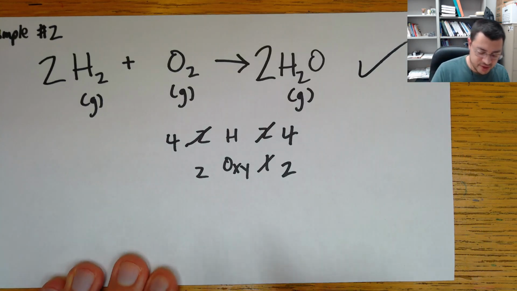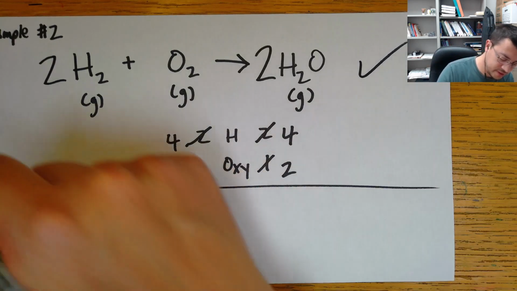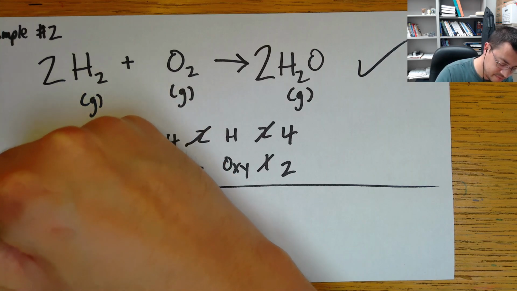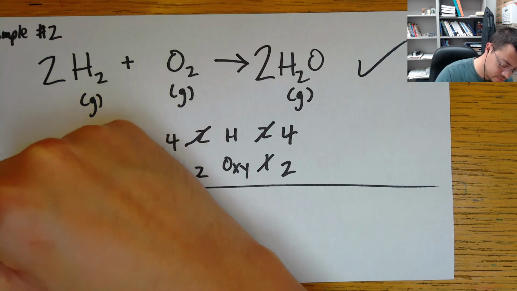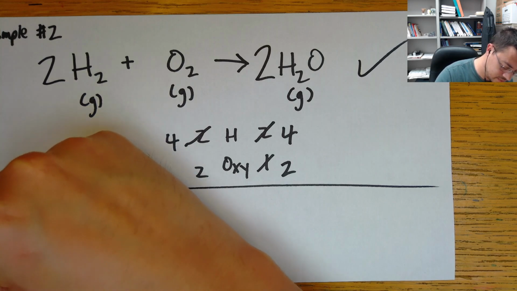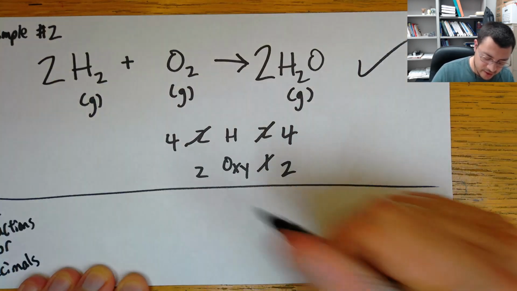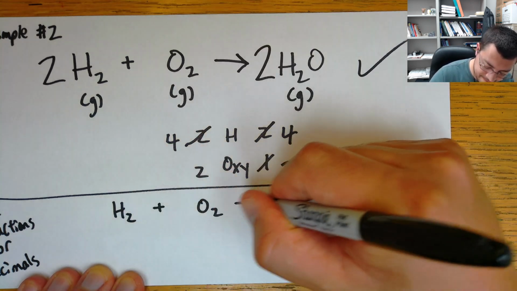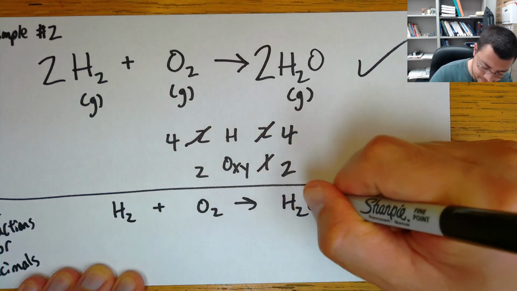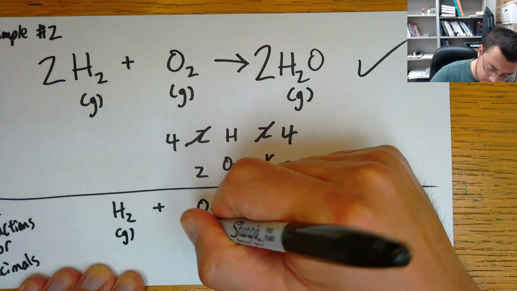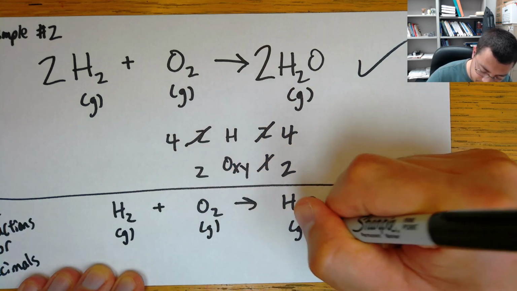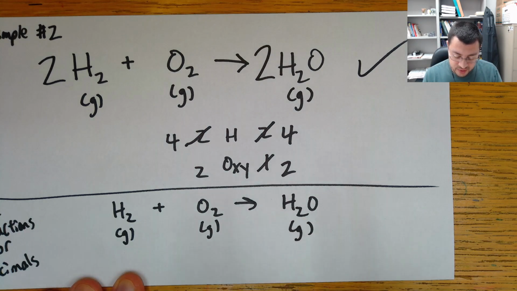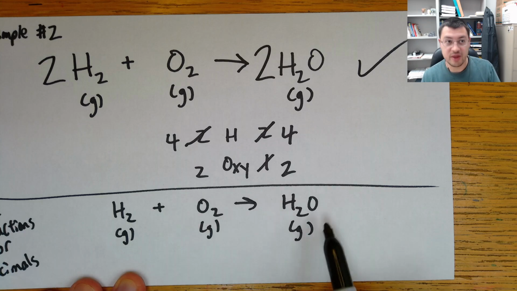Let me show another way. We can use decimals or fractions. So rewriting the equation, we get this. 2 hydrogens on each side, 2 oxygens there, only 1 there.